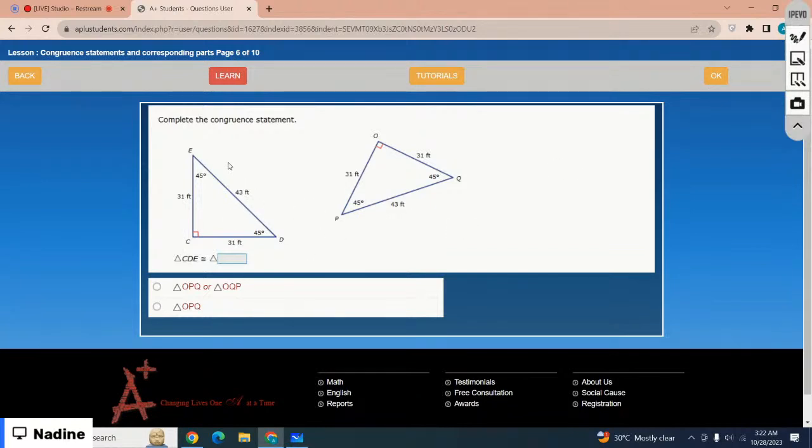Triangle CDE, right? Just match the similar sides. C is congruent to O. D is Q or P, that is OQP or OPQ, because P and Q are exactly the same. So option 1 is the correct option: triangle OPQ or OQP.